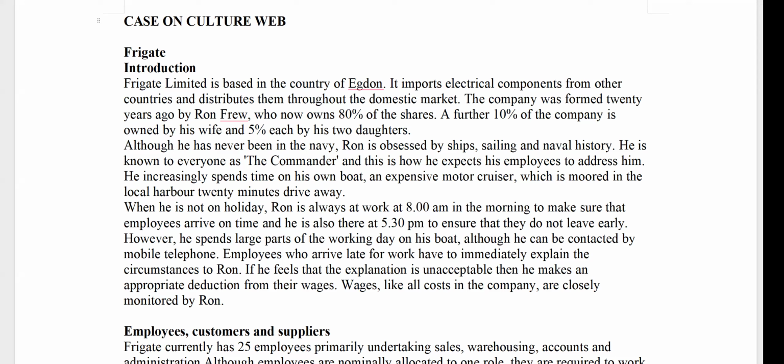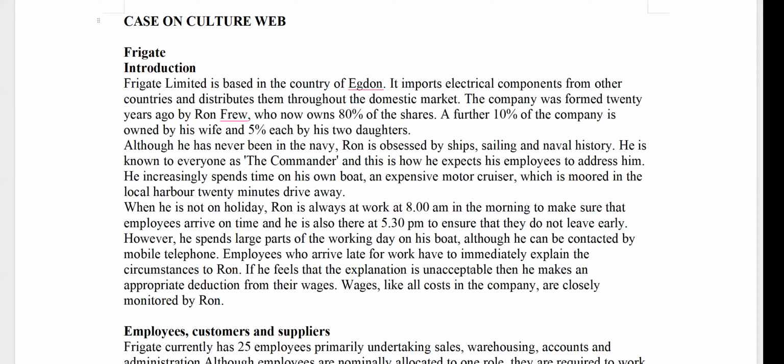When he is not on holiday, Ron is always at work at 8 a.m. to make sure that employees arrive on time. He's also there at 5:30 p.m. to ensure that they do not leave early. However, he spends large parts of the working day on his boat, although he can be contacted by mobile telephone. Employees who arrive late for work have to immediately explain the circumstances to Ron.